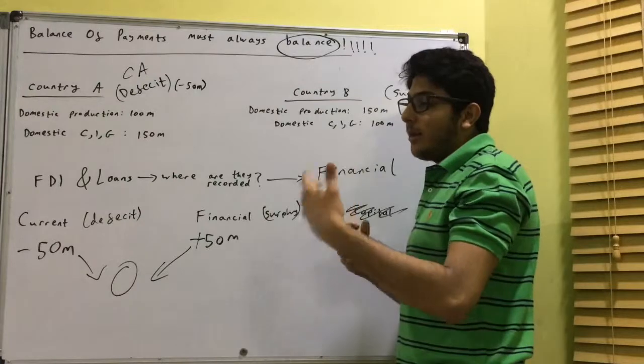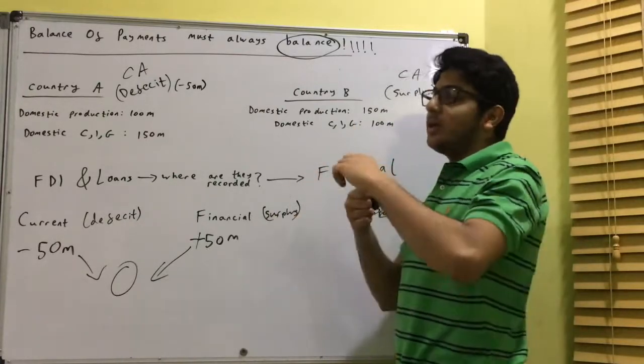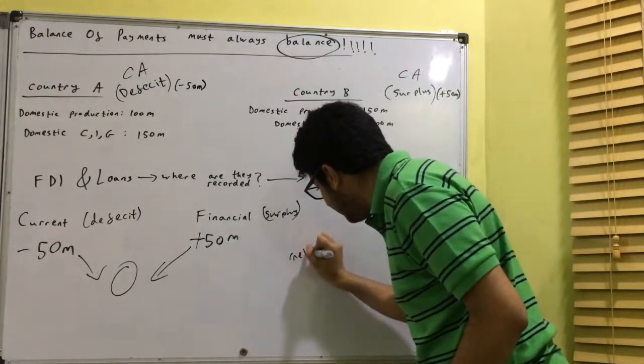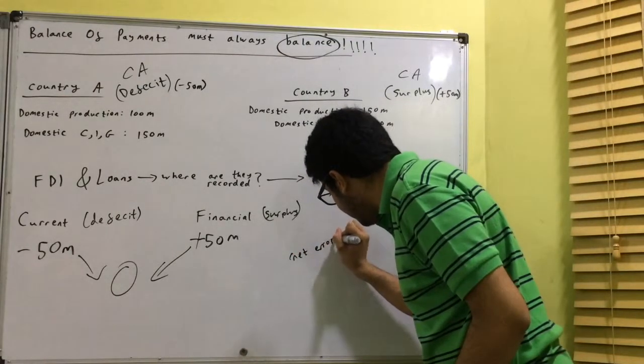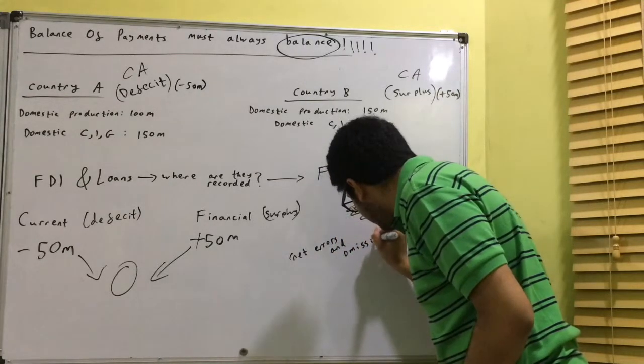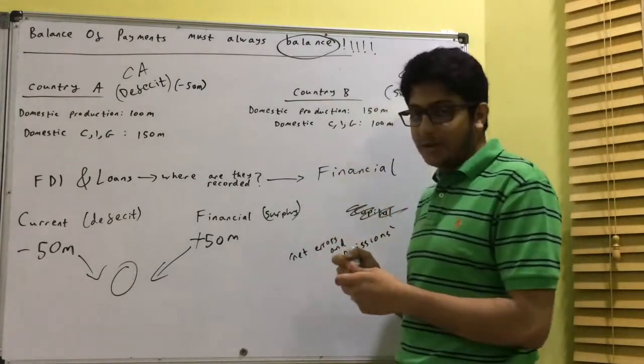Obviously, it's very difficult to measure international transactions, so we always incorporate something called a net errors and omissions item, which makes sure that on paper the balance of payments actually balances.